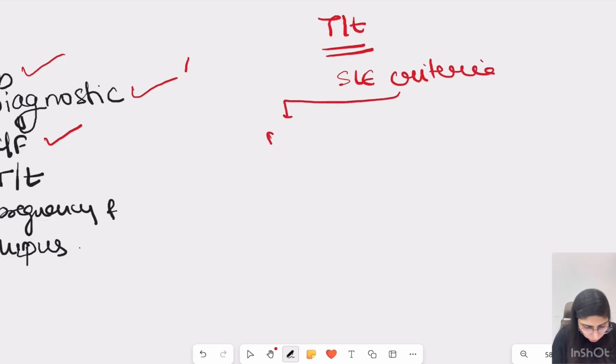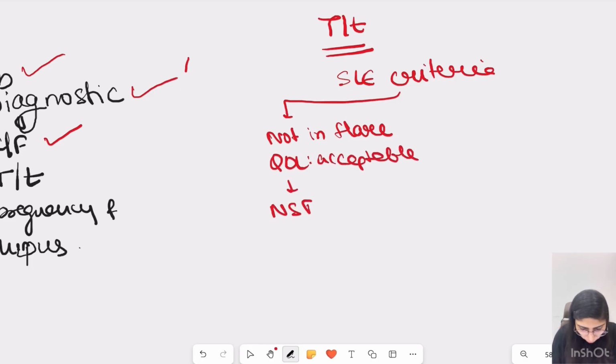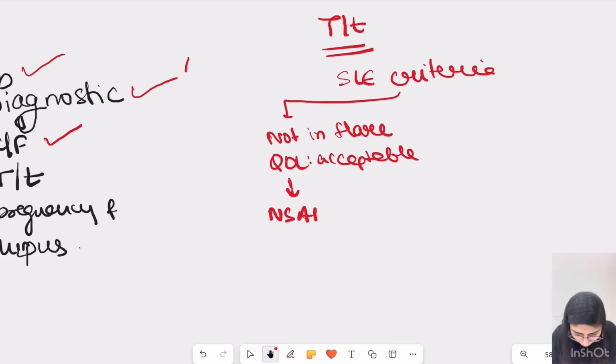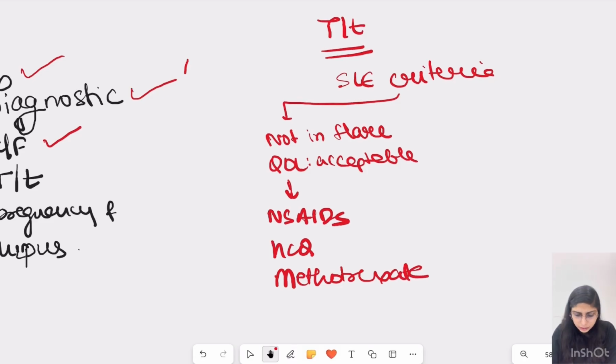If the criteria are fulfilled, but the patient is not in flare, quality of life is acceptable, then you can put the patient on NSAIDs, or HCQ or methotrexate. These are the long-term steroid-sparing agents.